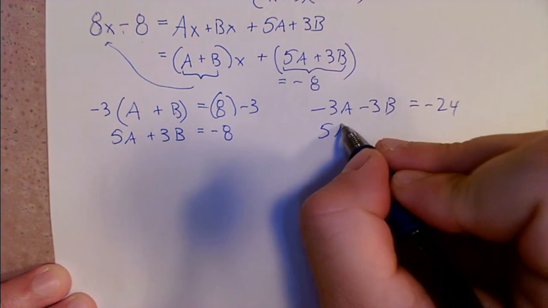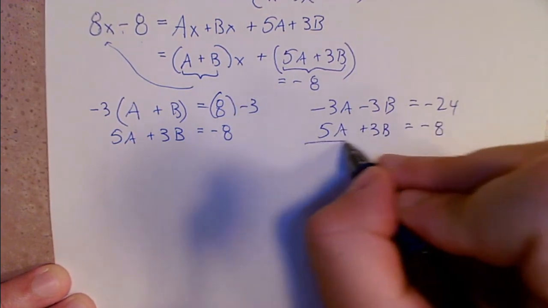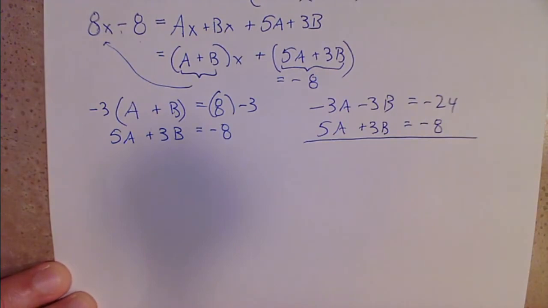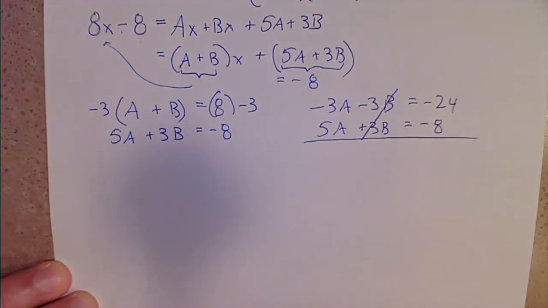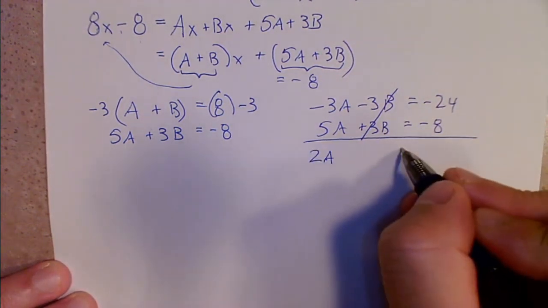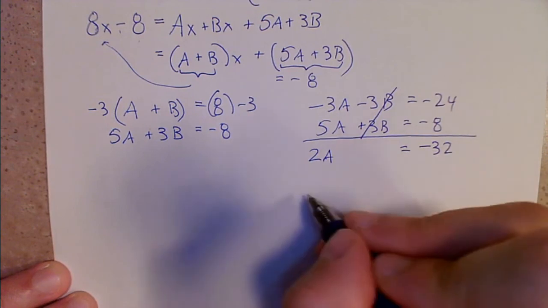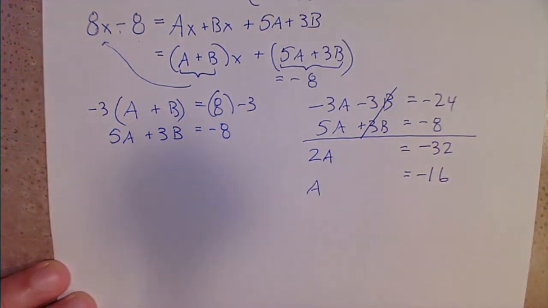And I get positive 5a plus 3b equal to negative 8. Like that. And when I add these equations together, positive 3b minus 3b are 0. I get 2a equal to negative 32. And so a has to equal, divide both sides by 2, negative 16.